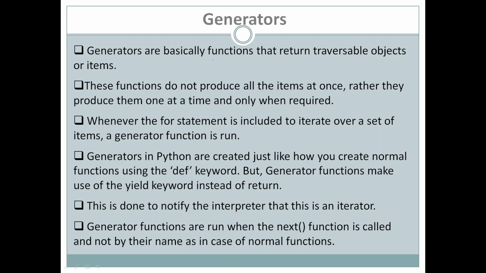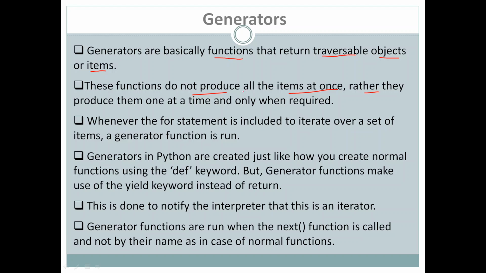Generators are basically functions that return traversable objects or items. So generators are nothing but functions which return traversable objects. These functions do not produce all the items at once.